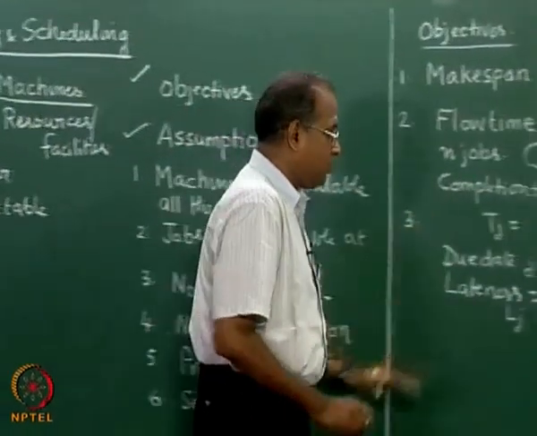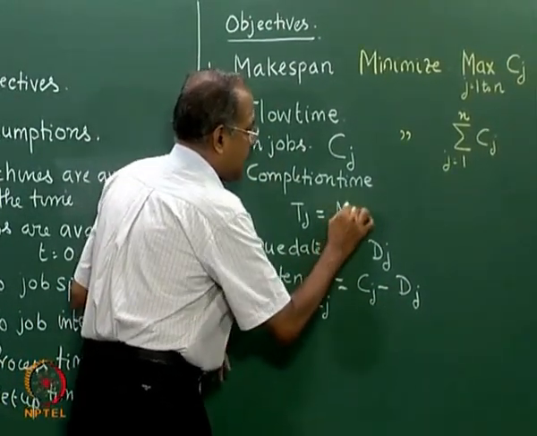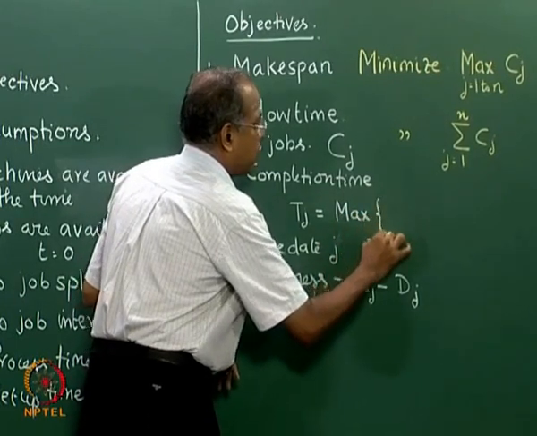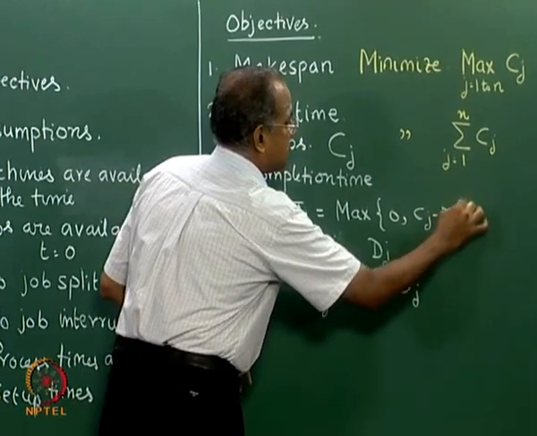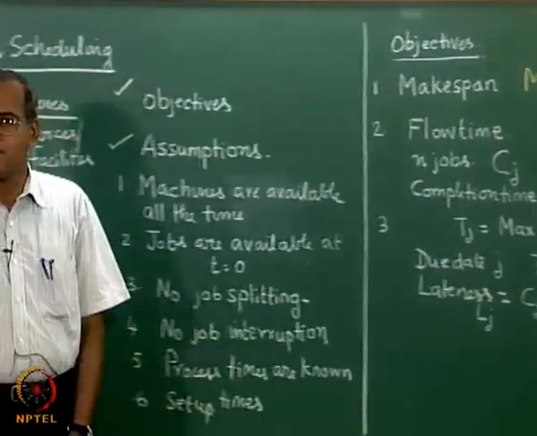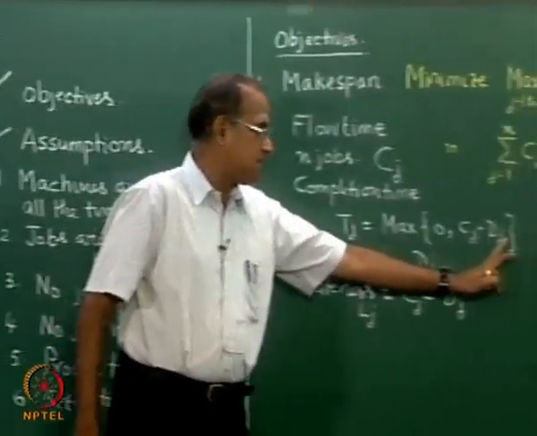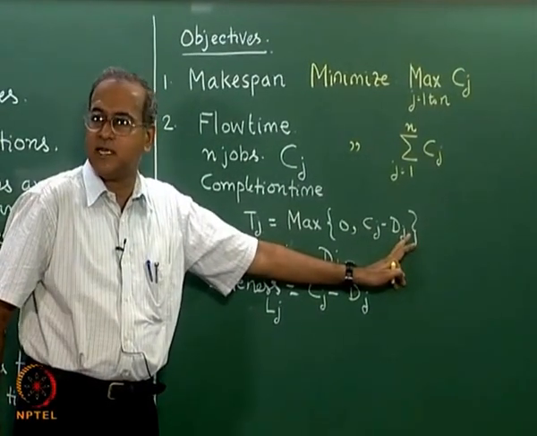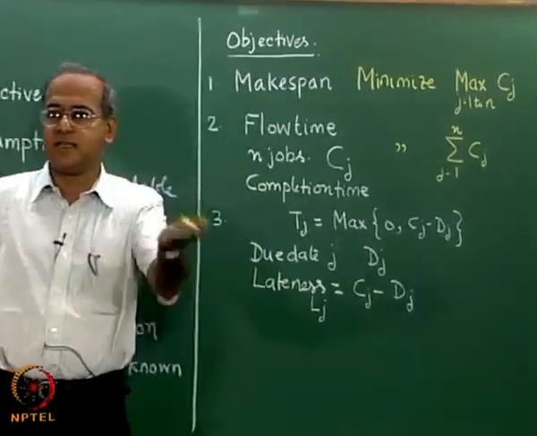So, using the definition of lateness, tardiness Tj is max of 0 comma Cj minus Dj. This is not difficult to follow, because if Cj minus Dj is negative and the job is early, then the maximum value is 0, therefore the tardiness is 0.